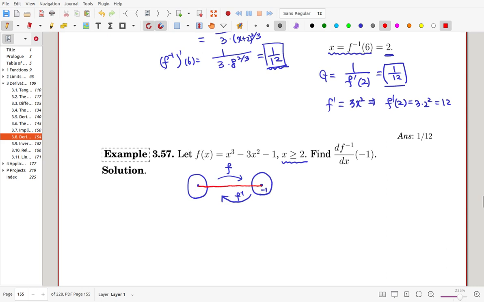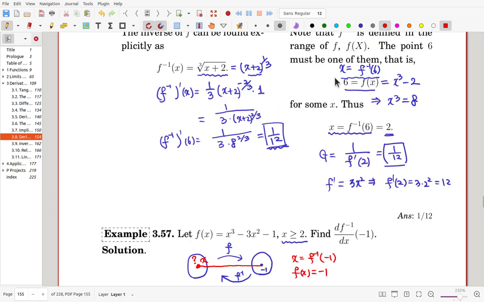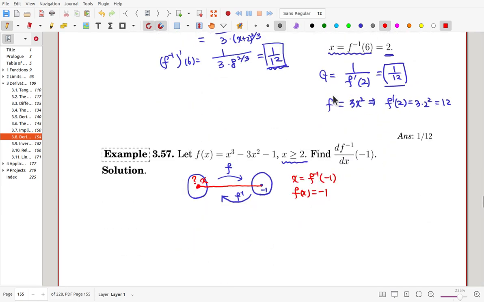That's the question. Let's say that is x. Then that means x equals f inverse of -1. Okay, f inverse is that direction. That means that f(x) equals -1.